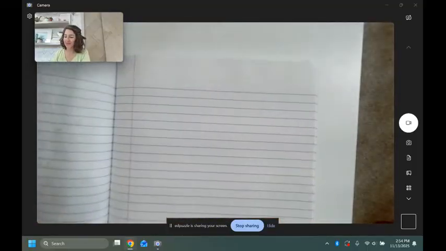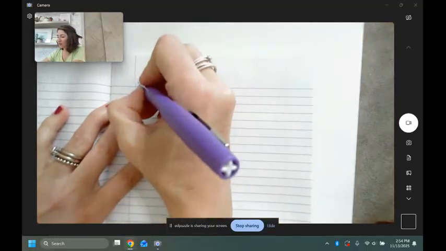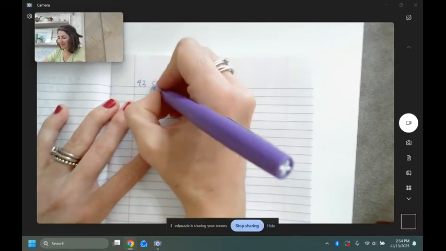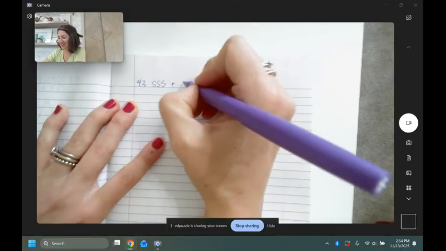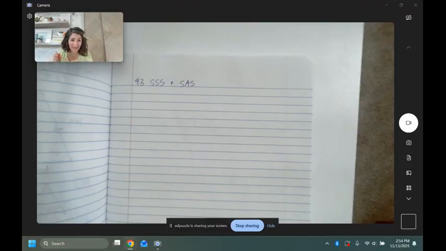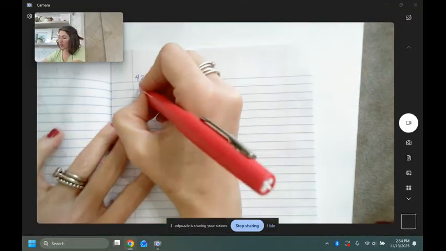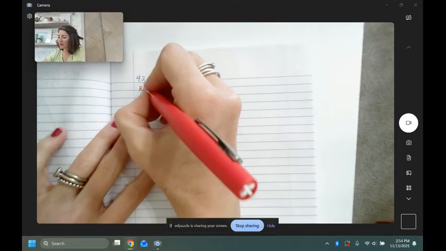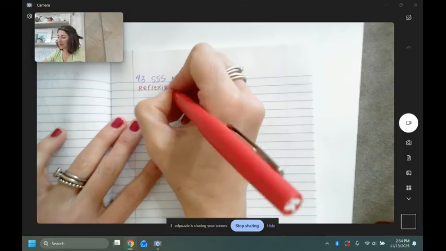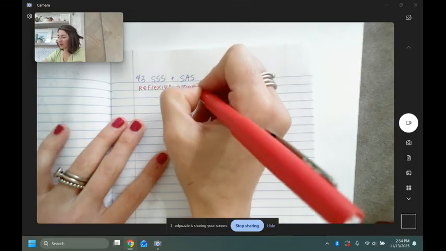All right. So before we jump into SSS and SAS, I want to define one kind of property of equality that you learned way back in elementary school. I'm sure you don't remember the name of it. It's a really oddball one, but we did not define it earlier in the year. It's called the reflexive property of equality.